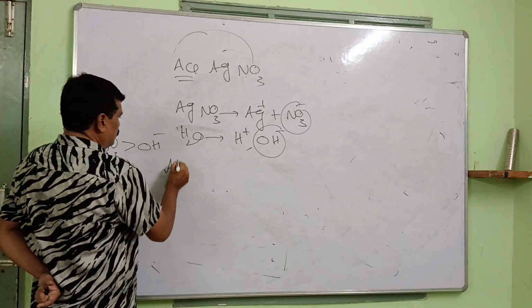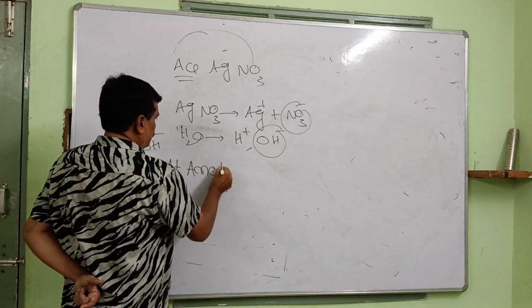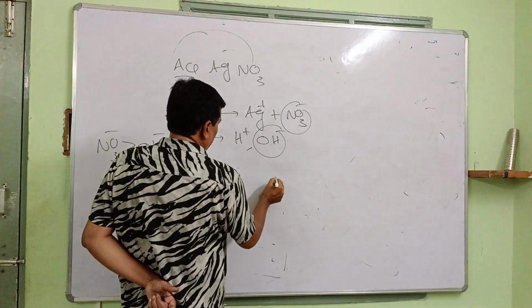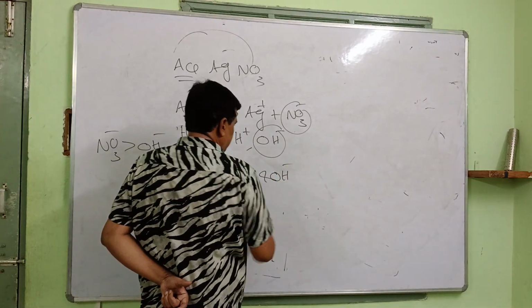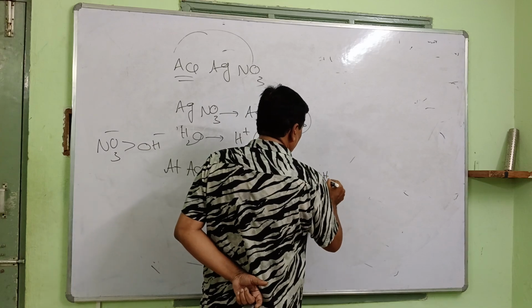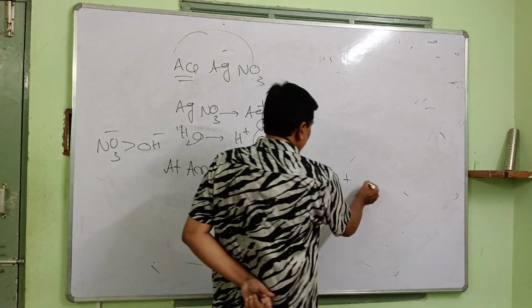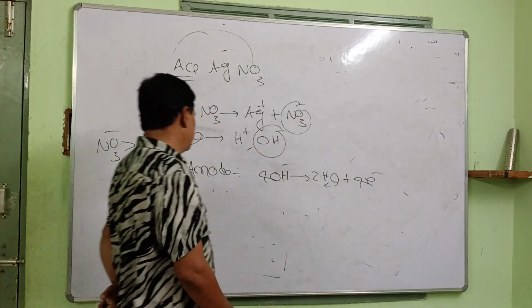So at the anode, 4OH- gives rise to 2H2O plus liberation of 4 electrons.